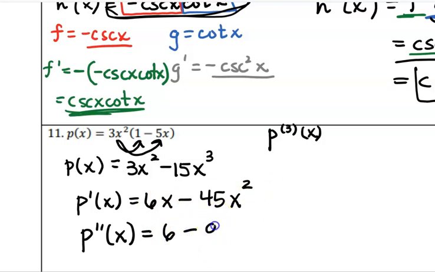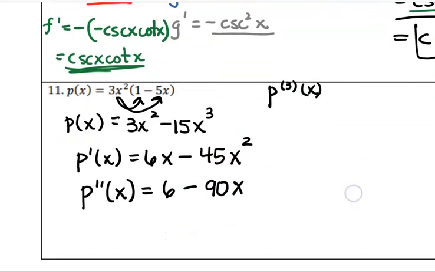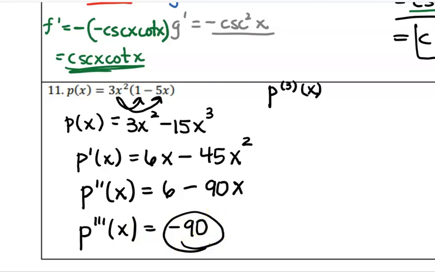Bring the exponent of 2 down, multiply it with the 45 to get 90, and the new exponent on x is 1. Then for your third derivative, the derivative of 6 is 0, and the derivative of negative 90x is negative 90. So we get our answer: the third derivative is negative 90.